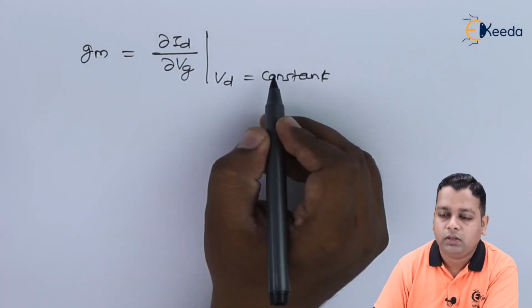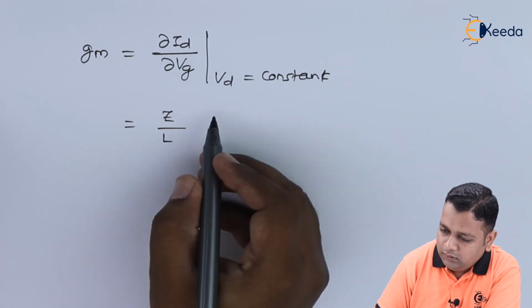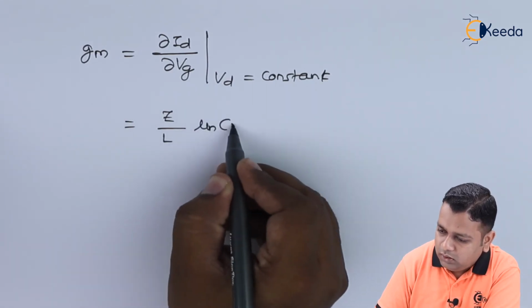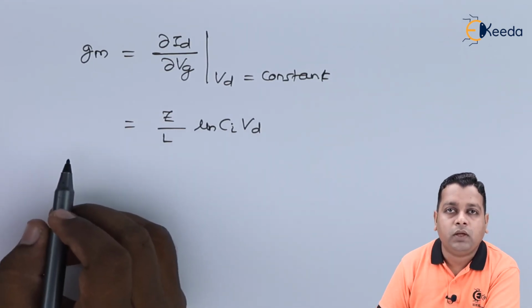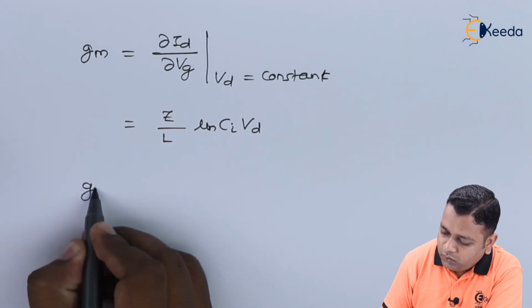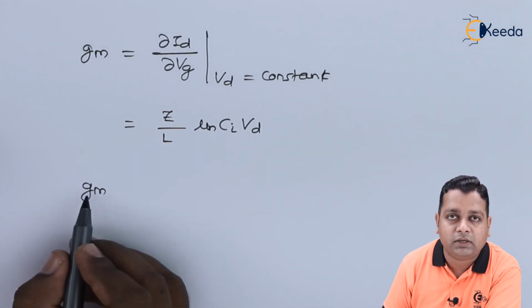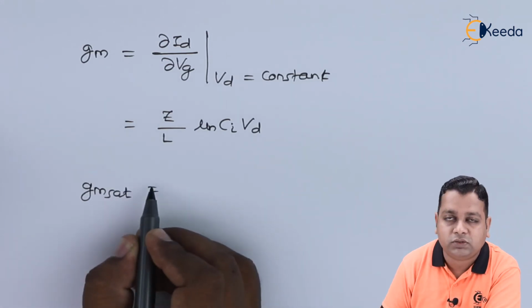This can be further expressed as Z divided by L into mu n into C suffix I into Vd. And when we go for the saturation region, the transconductance can be represented by G suffix m SAT, representing the saturation.